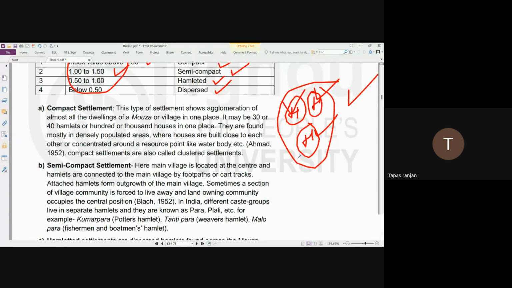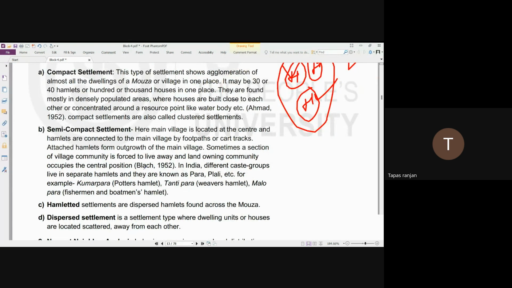Compact settlements have the nature of compactness, where the houses are closely spaced. Then you have semi-compact settlements. If you look into the Indian villages, you can clearly see these kinds of settlements. Indian villages are the best examples of semi-compact settlements.